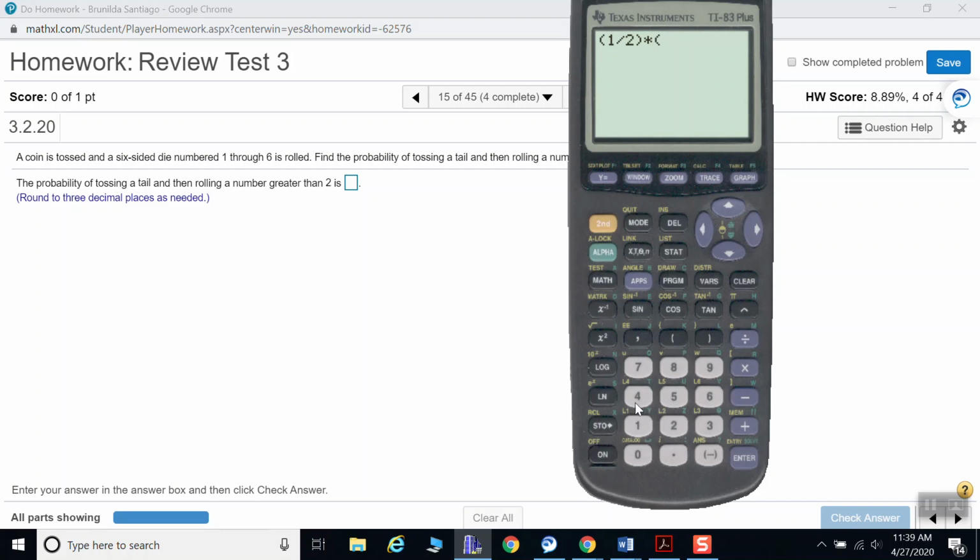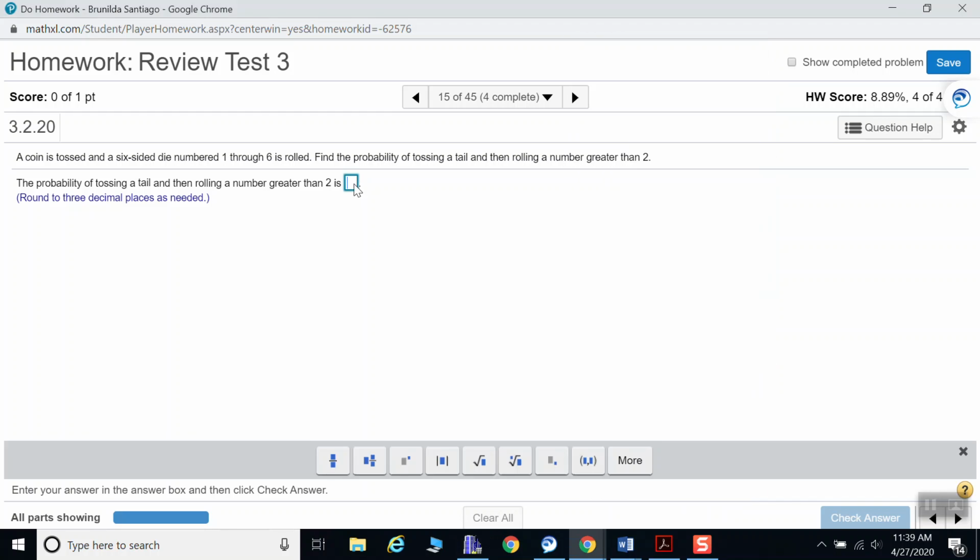So therefore, there are 4 choices out of the 6 numbers that are greater than 2. So it will be 1 out of 2 for the probability of tossing a tail and 4 out of 6 for the probability of rolling a number greater than 2. And they want you to round these answers to 3 decimal places. So this one is going to be 0.123.